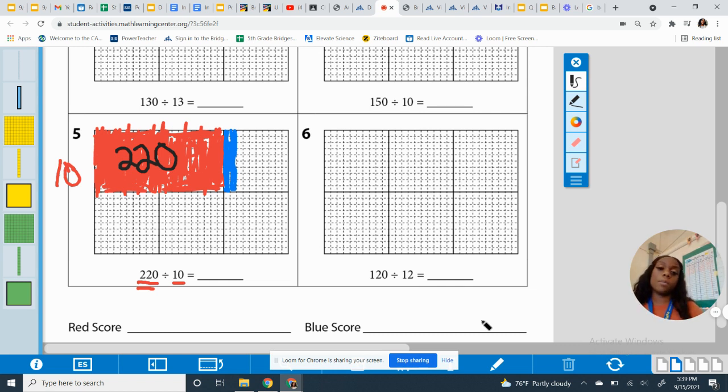Now all we are looking for is our quotient. The quotient is simply the answer to a division problem. How do we get our answer to this division problem? We are going to look up here, and we are now literally going to count how many boxes across represent the shaded sections below. So we know this is 10 across already.